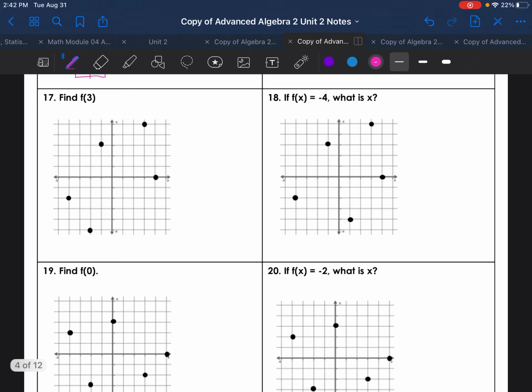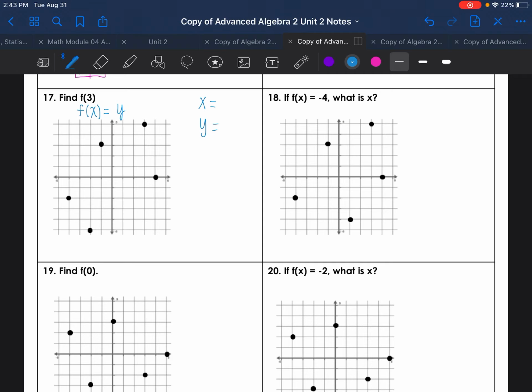All right, these last four go along with the graphs, and those can be maybe the trickiest of any of these for students. So make sure you're really paying attention and following along. Like I said, I want you to remember that f of x equals y. Every single time we do this, we're getting an x value and a y value for a point.